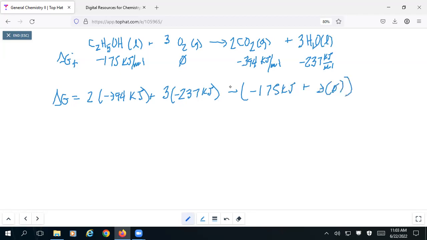So just the negative 175. So 2 times negative 394 plus 3 times negative 237 plus 175 gives us a grand total of negative 1,324 kilojoules.